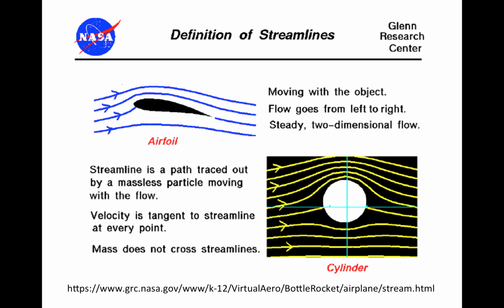identical. So this figure shows some examples of streamlines around an airfoil, and around a cylinder. So those lines here are examples of the streamlines around those two different objects.